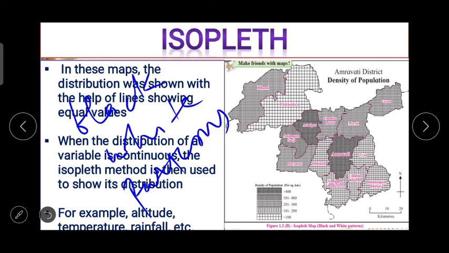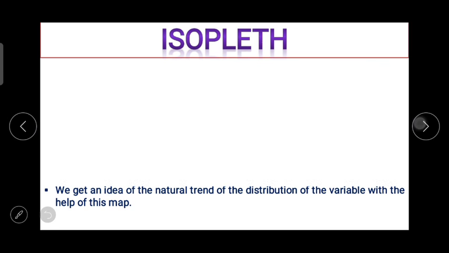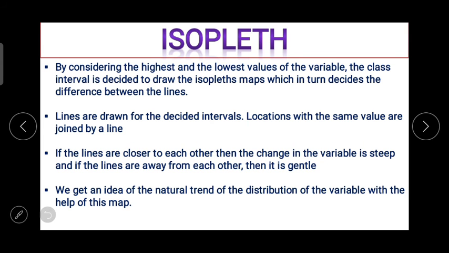So in the first one we learnt about dot method, then choropleth method, and now we are talking about isopleth method. By considering the highest and the lowest values of the variable, the class interval is decided to draw the isopleth maps, which in turn decides the difference between the lines.